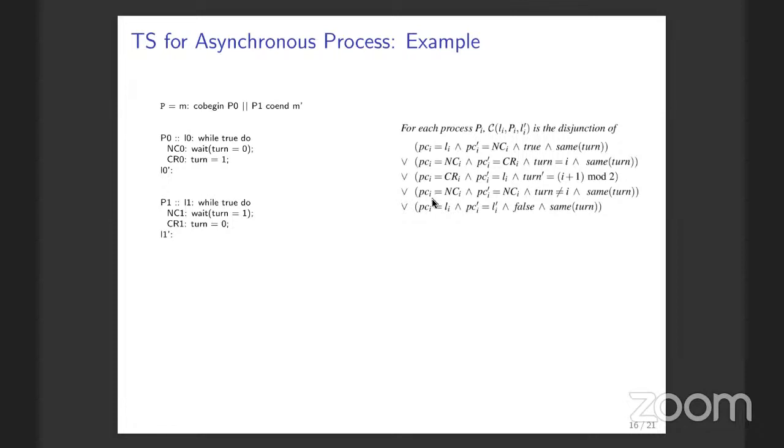What is the final one? The final disjunct is there because the while loop has a disjunct corresponding to the exit part. But that is not possible here because this is an infinite loop.